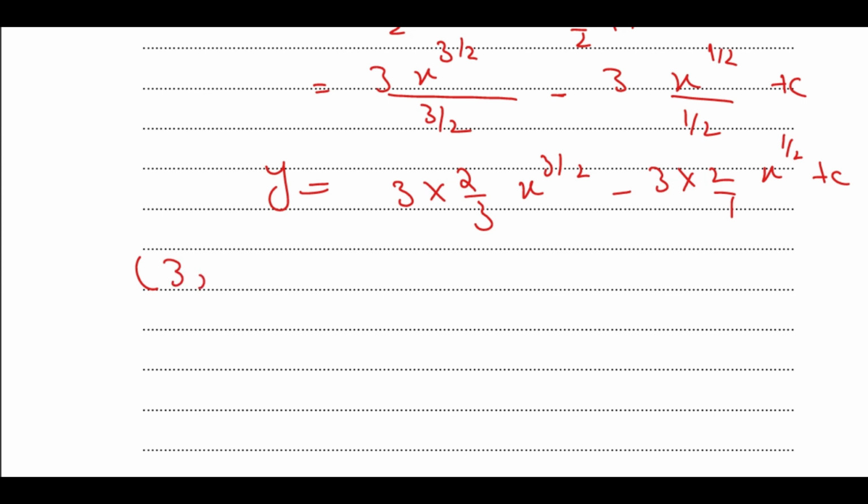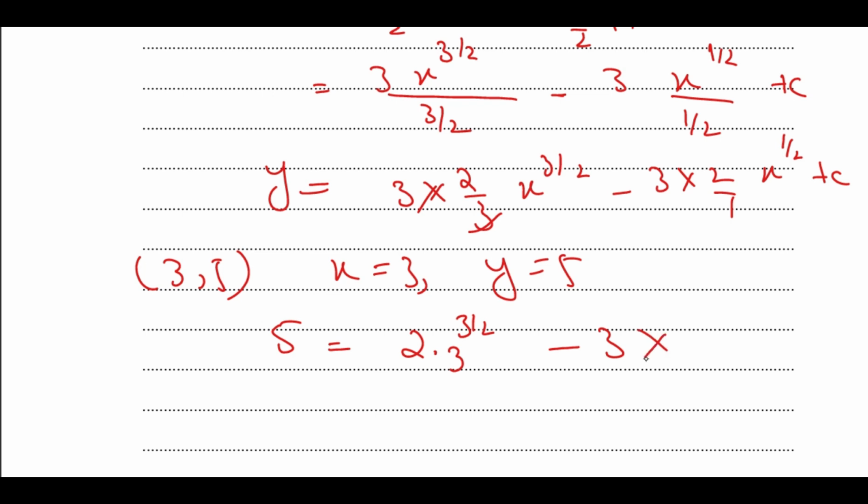Now the coordinates are (3, 5), which indicates that x is equal to 3 and y is equal to 5. By putting it over here we will have 5 equal to 2 times 3 to the power 3 by 2, minus 6 times 3 to the power half, plus c.